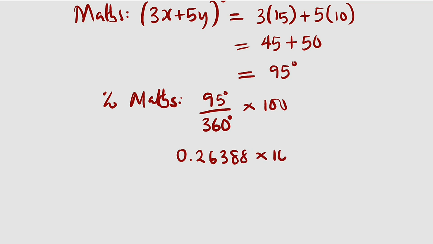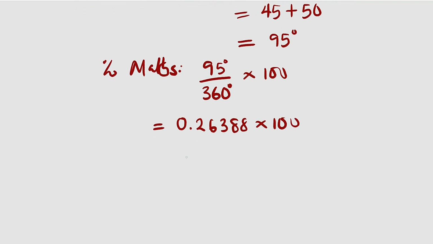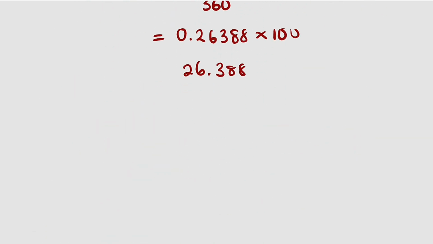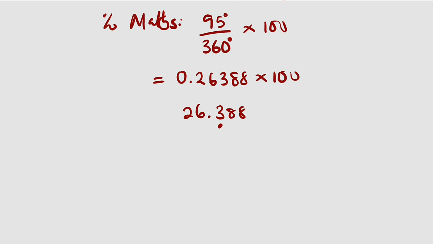Then we multiply by 100, which shifts the decimal point two places, so we have 26.388. But it says correct to 1 decimal place. Since the next number is 8, which is greater than or equal to 5, you round up. So this becomes 26.4%. So this is question number 2.